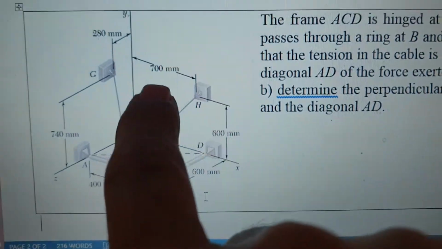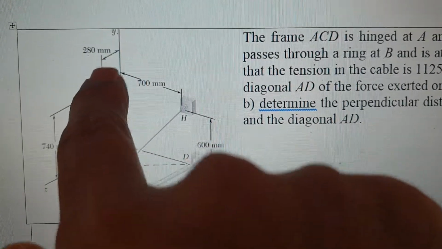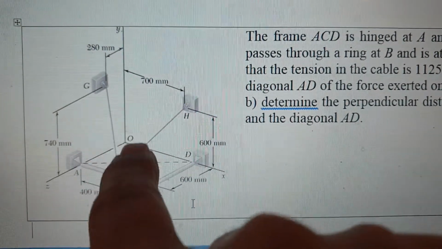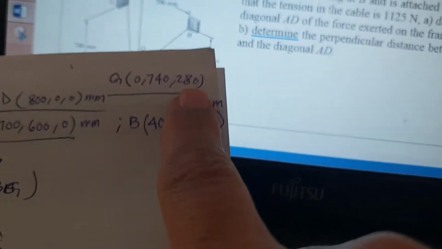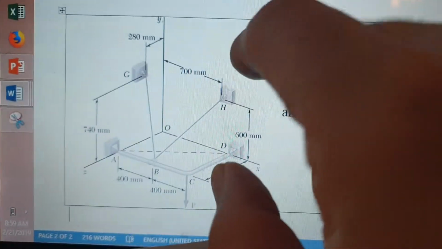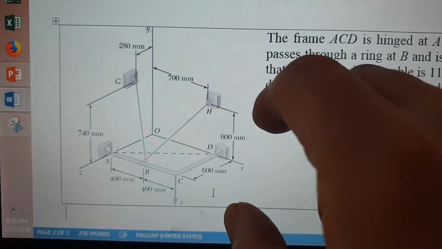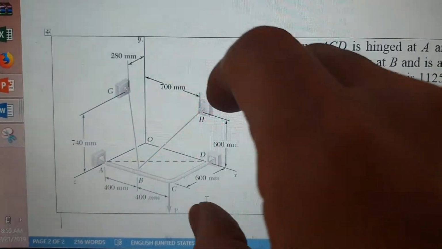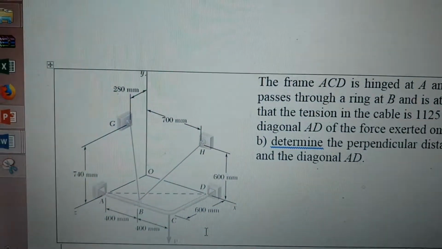Let's look for G. G is in space, and it is at this level, 200 millimeter on the Z. And also in the Y, it's going up, and this up is 740 millimeter.